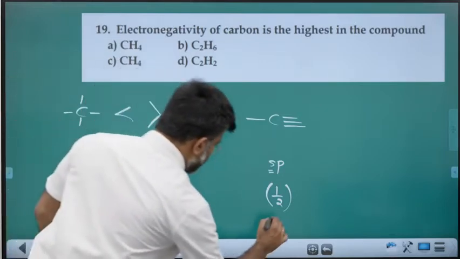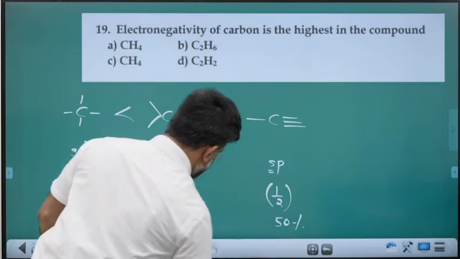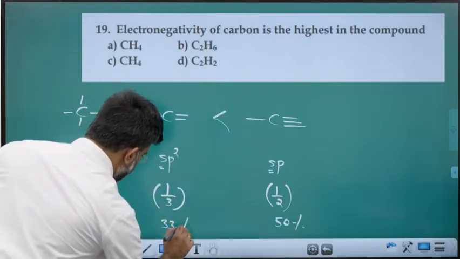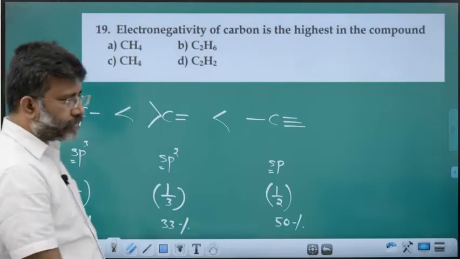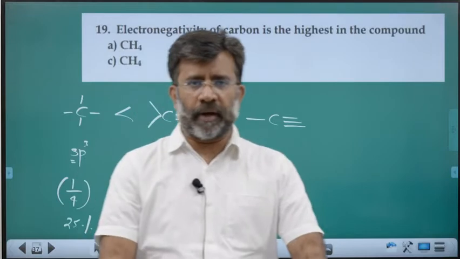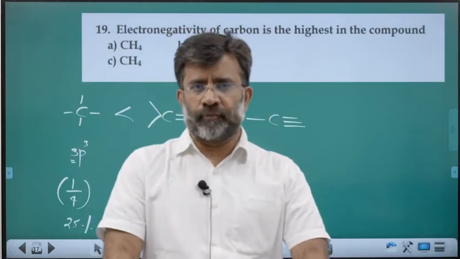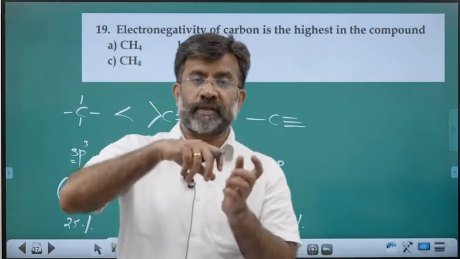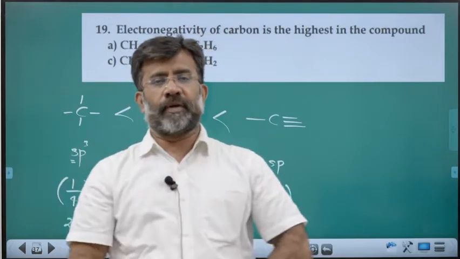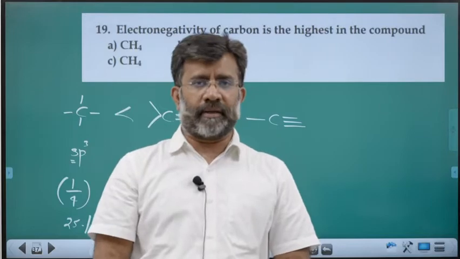So S character here is 50%, here it is some 33%, here it is some 25%. That too is a relevant point based on the chapter 4 hybridization, and it is influencing the electronegativity of the concerned carbon in organic molecules.